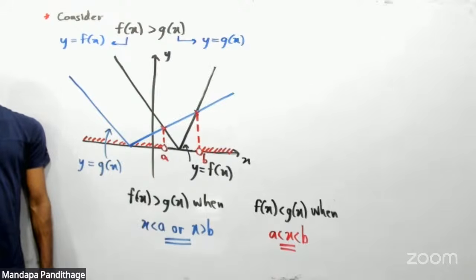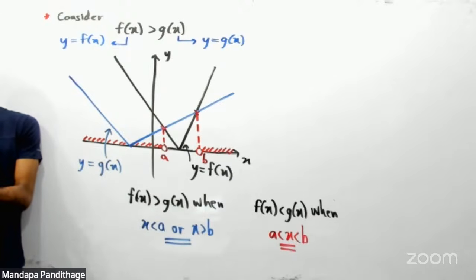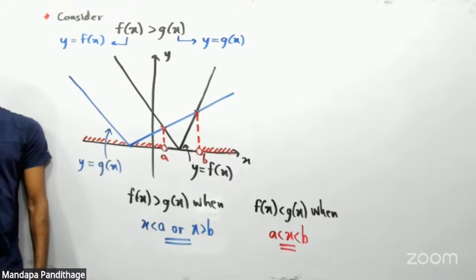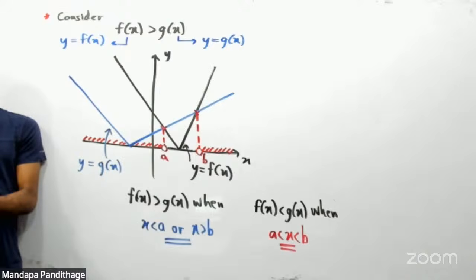Then, next line: then we have to sketch the graphs of y equals f(x) and y equals g(x) on the same Cartesian plane.